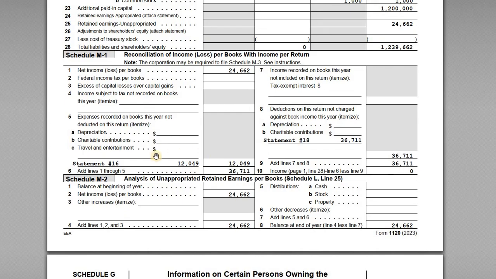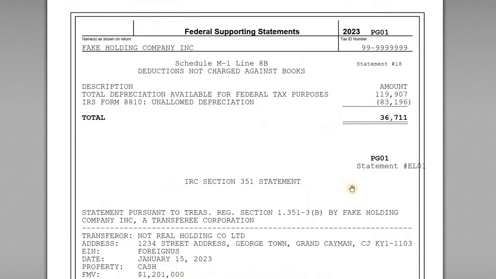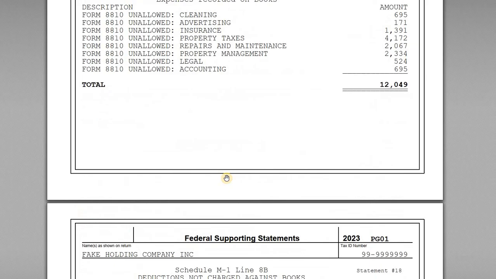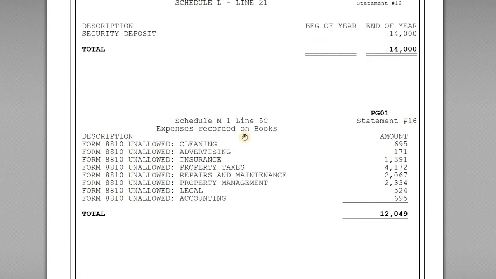So we've got statement 16, the unallowed piece of deductions, $12,049, and the net amount of depreciation. So if I jump to the supporting statement here, so statement 16, expenses on the books that were unallowed because of the PAL limitations. I've separately labeled each one just so the return is complete, right? So whoever's reading this can clearly see what expense was unallowed and for what reason.